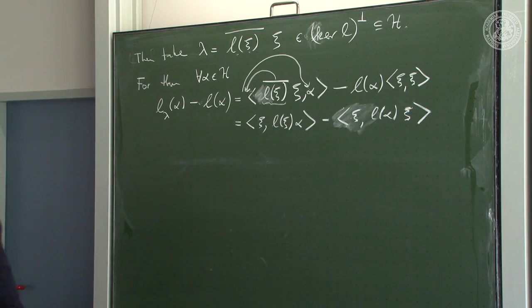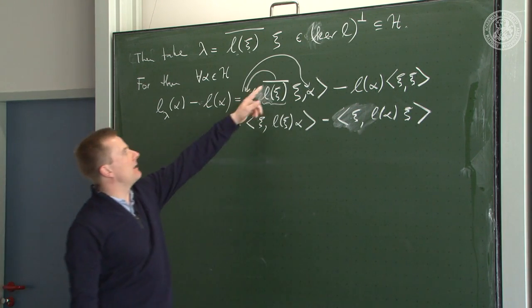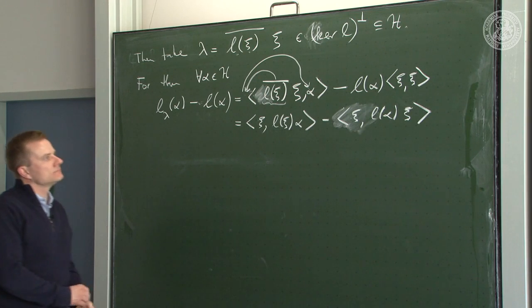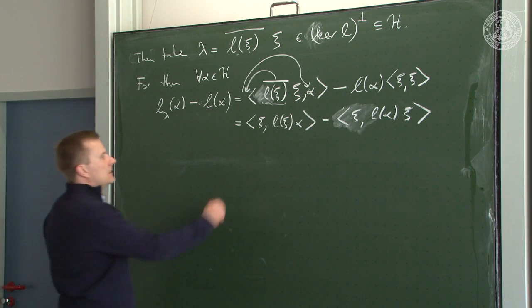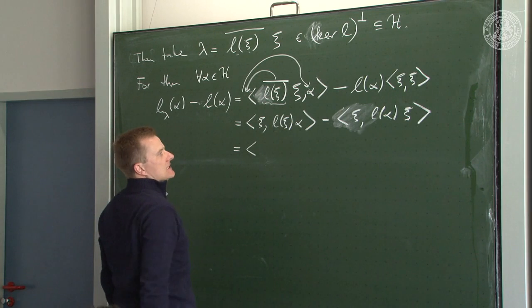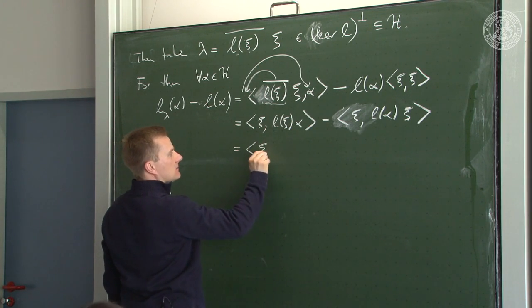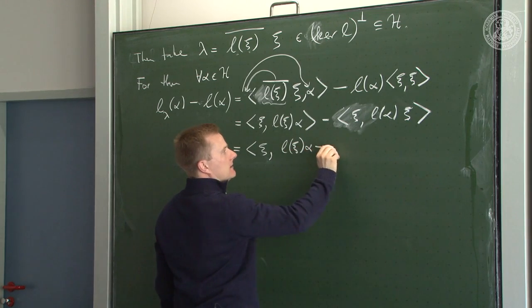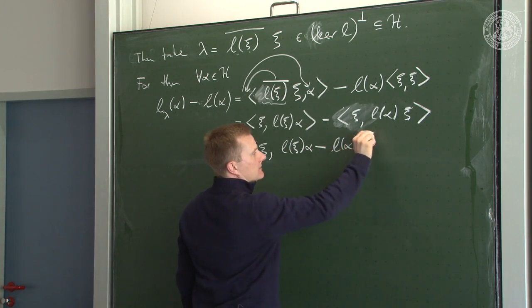Agree? So it changes the bar because here it's antilinear in the first but linear in the second slot. So but now by linearity in the second slot, or additivity in this case, only psi, you have L psi alpha minus L of alpha psi.